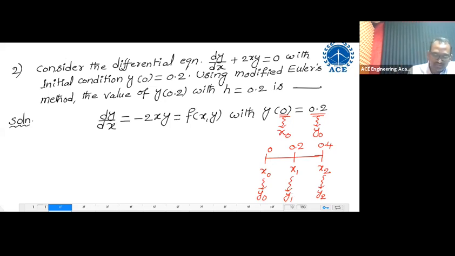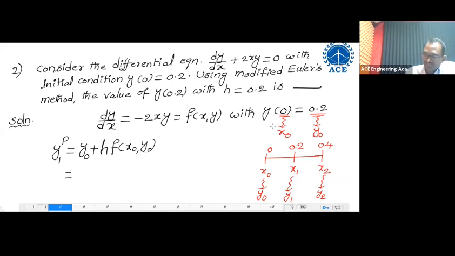Please verify, all of you, the modified Euler's method formula. The first formula is y1 power p is equal to y0 plus h into f of x0 comma y0.